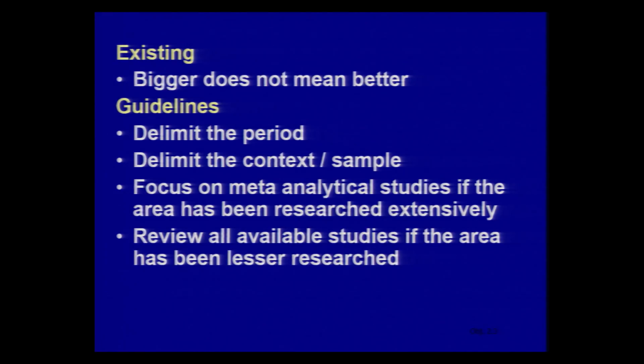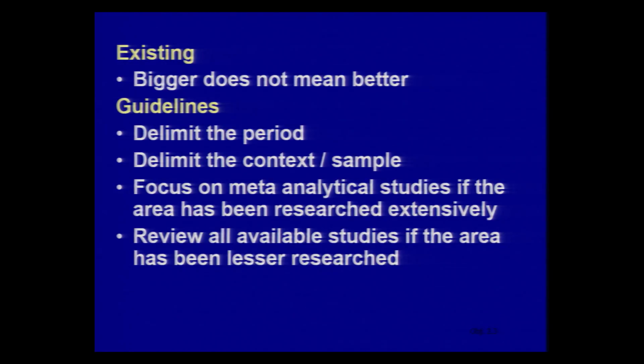Then you can focus on meta-analytical studies if a large number of research studies have been undertaken in the area you have selected for your research. And lastly, if the area has not been researched, then few studies are available, so whatever related studies you come across, you try to include in your review of related literature.